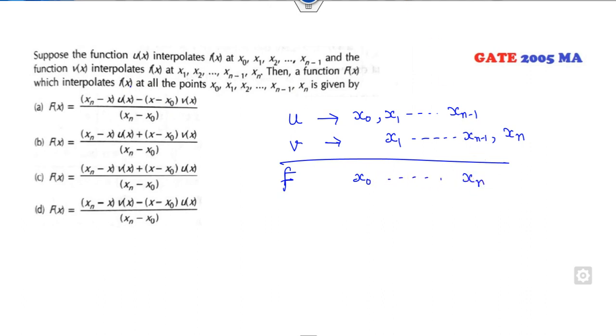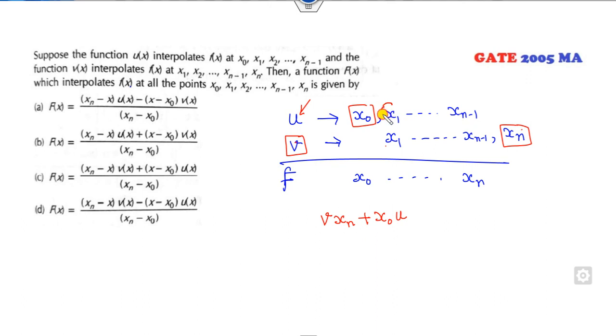Very simple rule for you. Look at that, the v is a polynomial which interpolates extra on xn. So you can multiply this by xn. This is extra from the v.